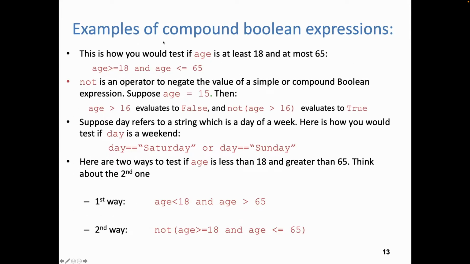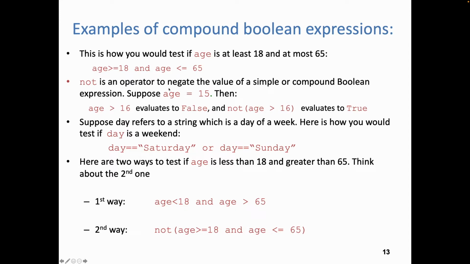Here are some examples of compound Boolean expressions. This is how you would test if age is at least 18 and at most 65. You can test this one using age is larger than or equal to 18 and age is smaller than or equal to 65.